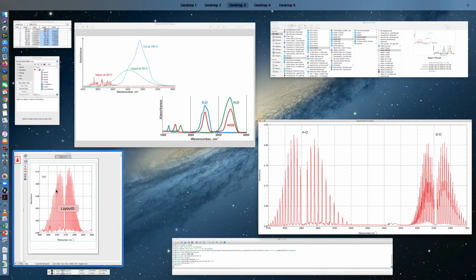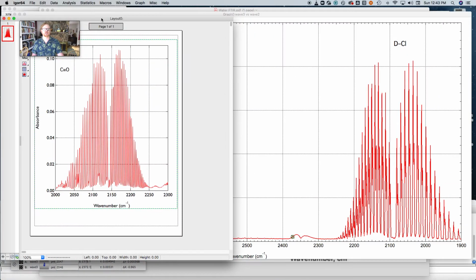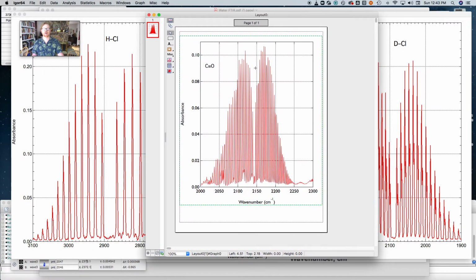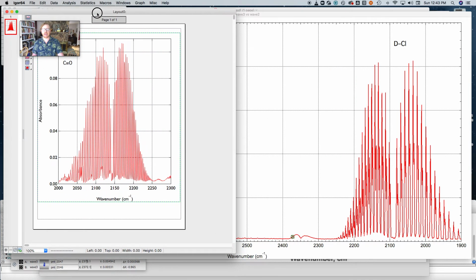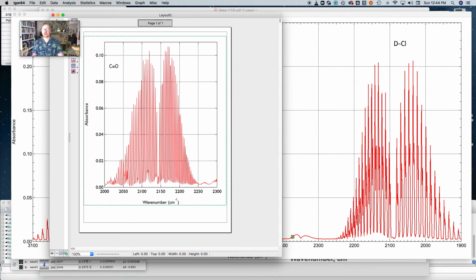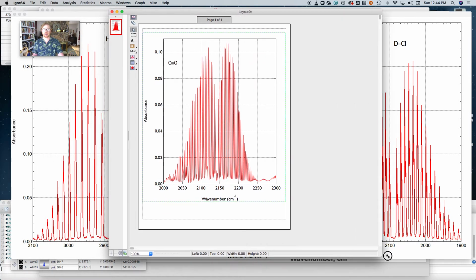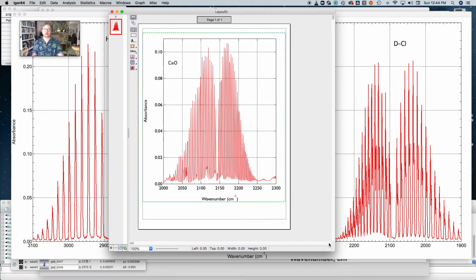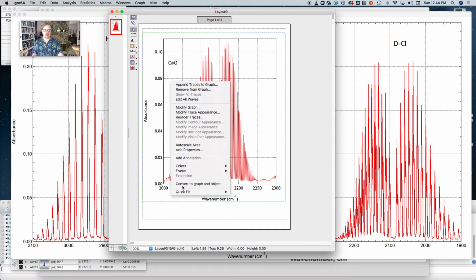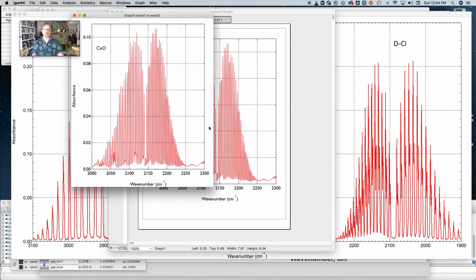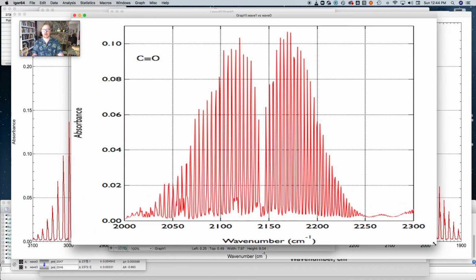So the last one of these gas phase IR spectra I'll show you is for carbon monoxide, and it would have appeared right on top of the DCl. So this is a separate spectrum, and someone just used a cylinder to get this CO spectrum. Let me go ahead and blow this way up.